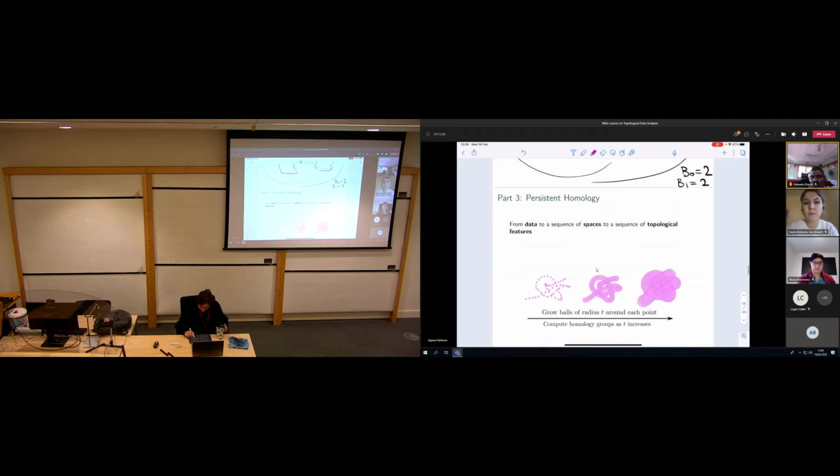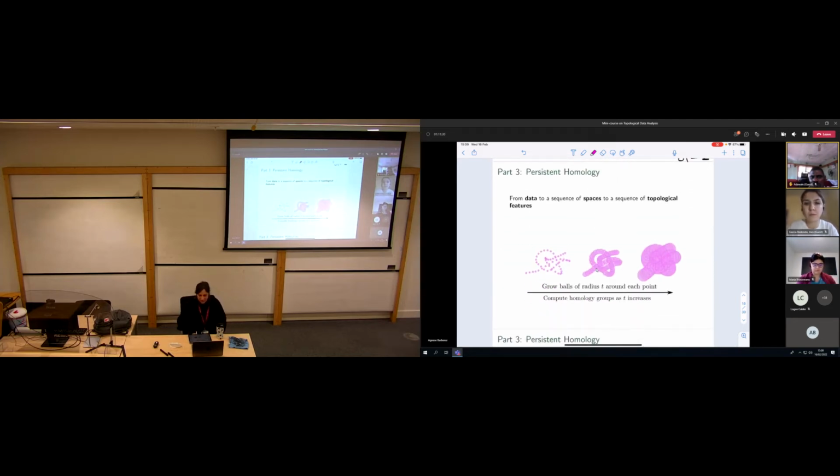All right, now, a natural question at this point would be, okay, but our aim was to detect topological features and characterize the shape of data. We have only been talking about combinatorial spaces, spaces made up by blocks that should resemble triangles. What does it have to do with the data?